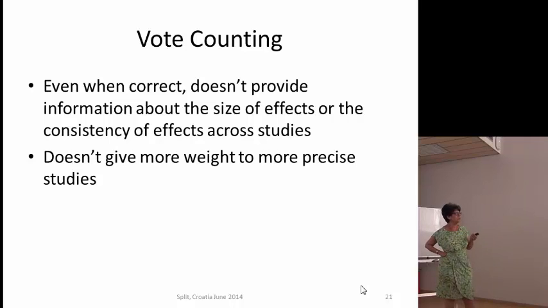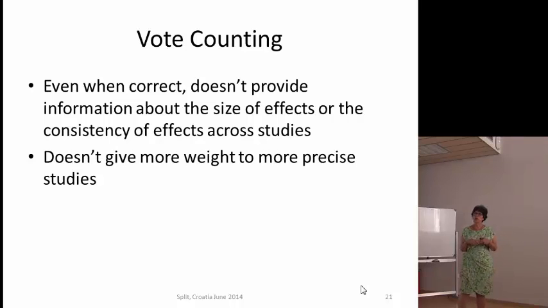Saying that something was significant could mean that you had really big samples, and therefore you were able to declare as non-chance a treatment effectiveness that really is very minor. Or it could mean that you had really strong effects, but you couldn't tell the difference just by looking at significance level.